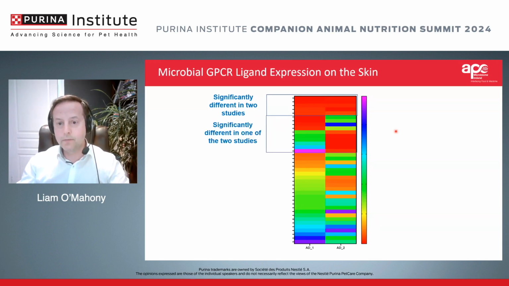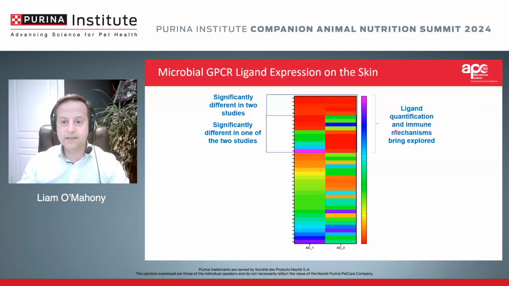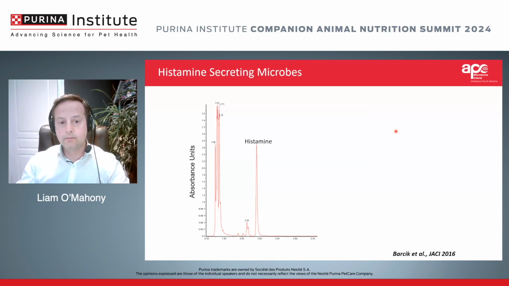And there was another group that were different in one study or the other. And we're obviously doing a lot of work with these metabolites right now to see what their influence is on barrier and Th2 polarization. But one that we have done a bit more work on is histamine. So we went looking for bacteria, because histamine is a biogenic amine that you all know is important for allergic responses.